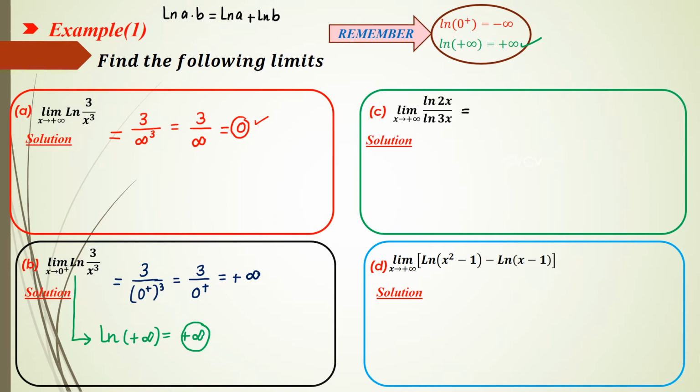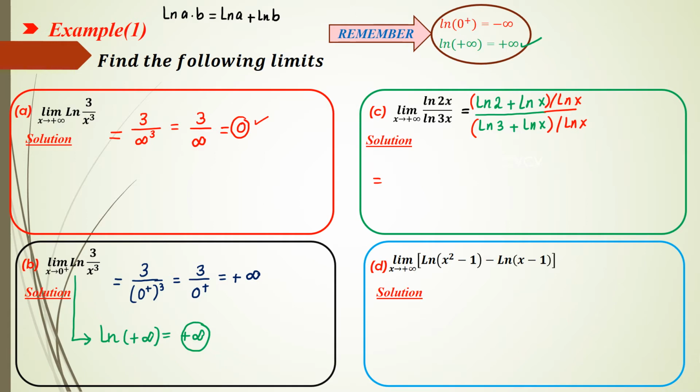So here we have ln 2x in the numerator, so you can write it as ln 2 plus ln x divided by ln 3 plus ln x. Now you have to divide the numerator and denominator by ln of x, so divide up and down by ln of x.